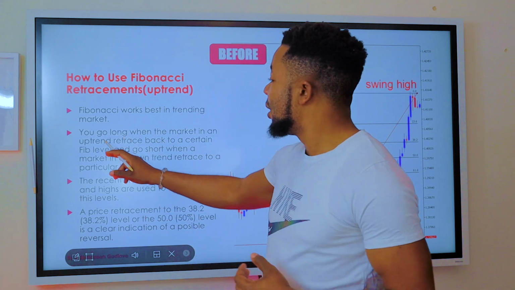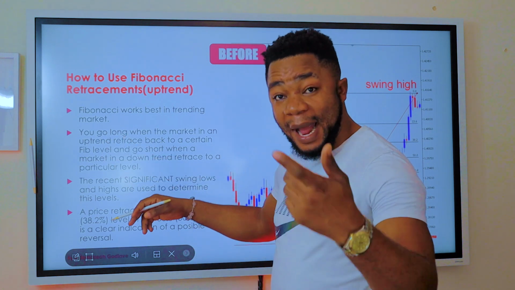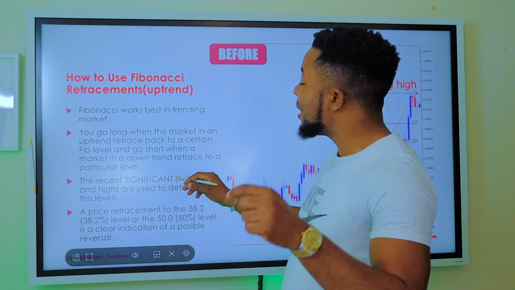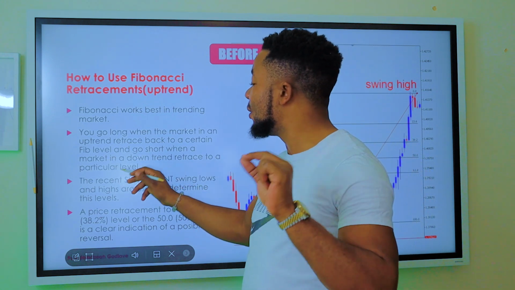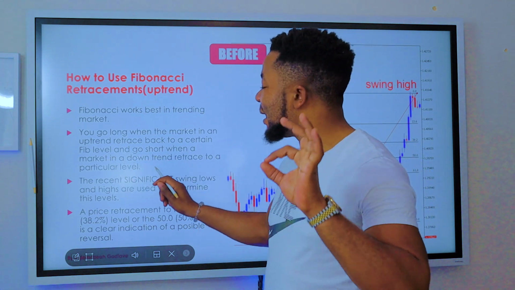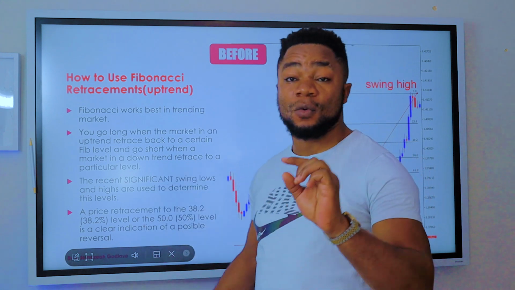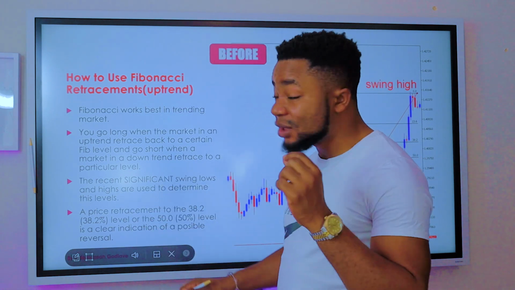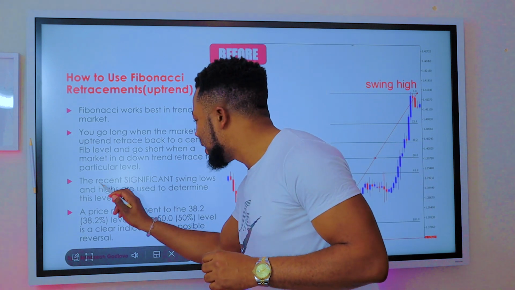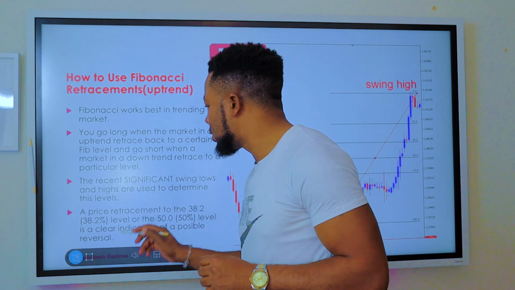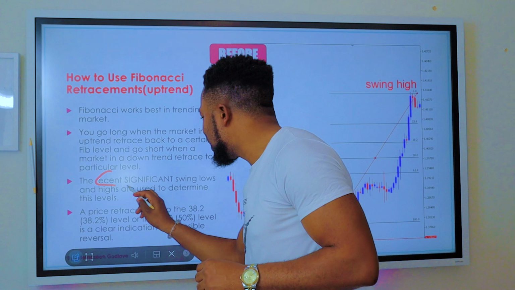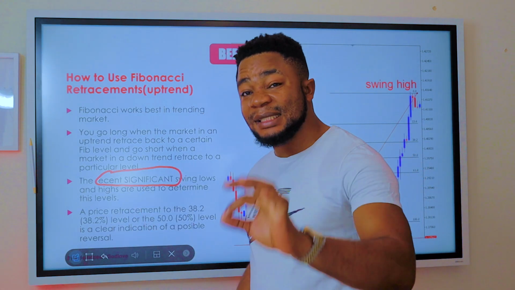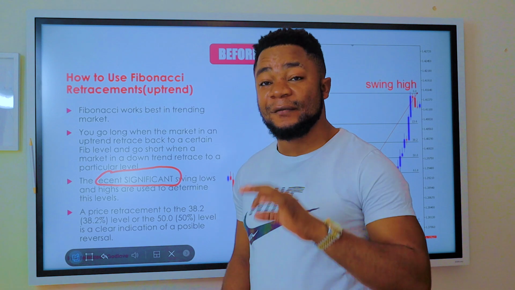With Fibonacci, you go long, so you buy, when the market in an uptrend retraces back to a certain Fibonacci level, and you go short when a market in a downtrend retraces to a particular level. I'm going to explain that, don't worry. These two words are very important: recent and significant.